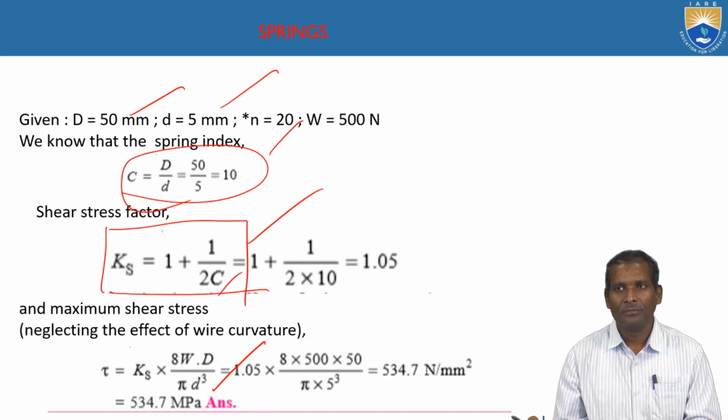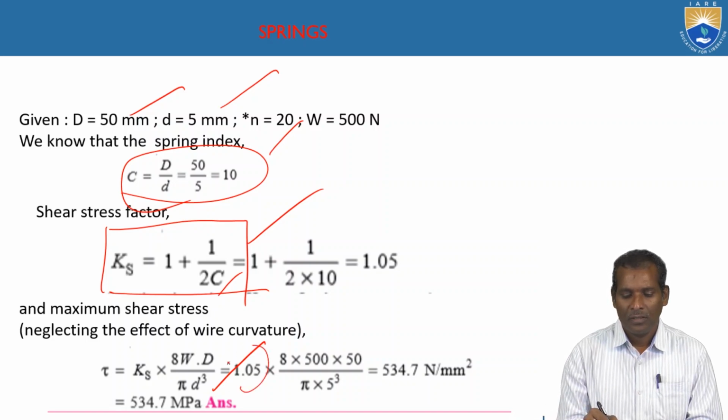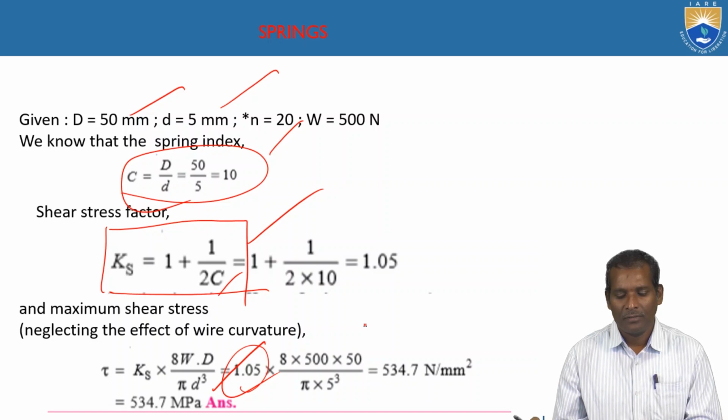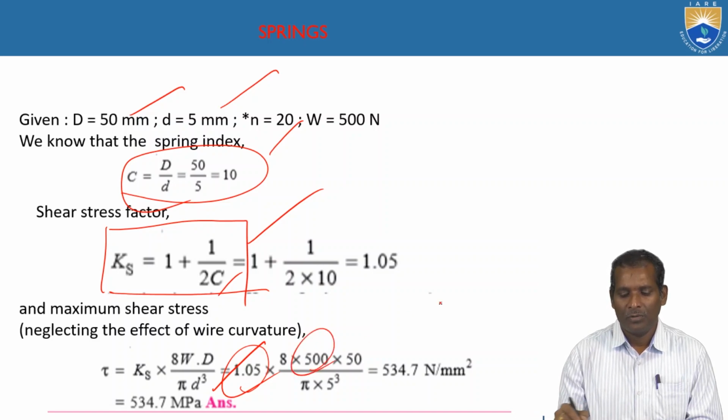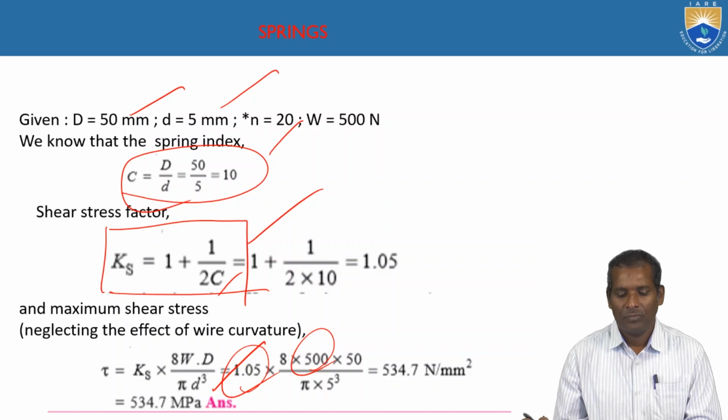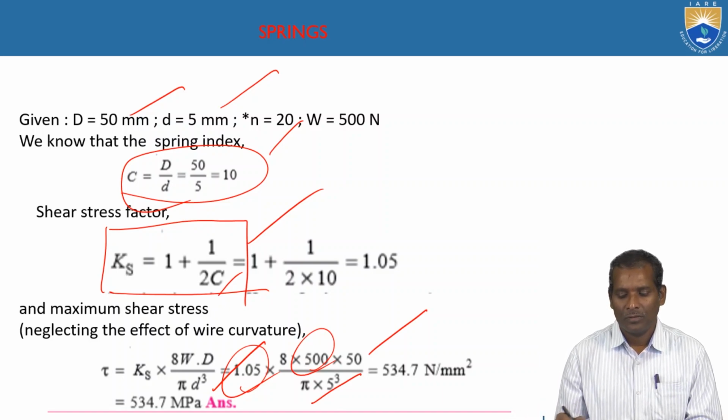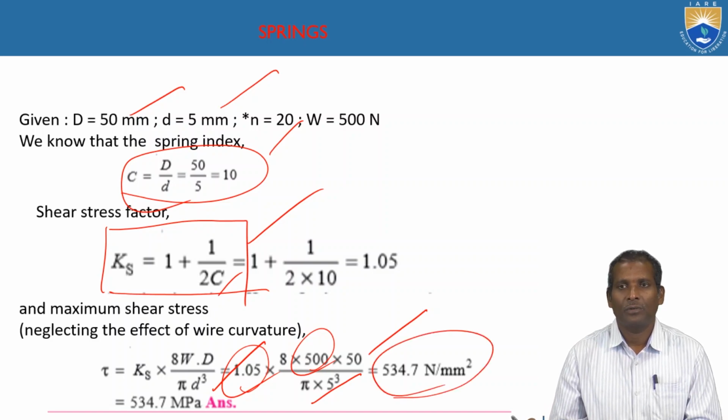Clear? Now substitute the shear stress factor in W and capital D and small d. So now we will get 534.7 Newton per mm square.